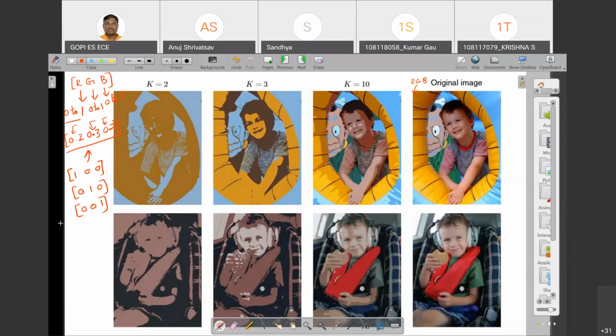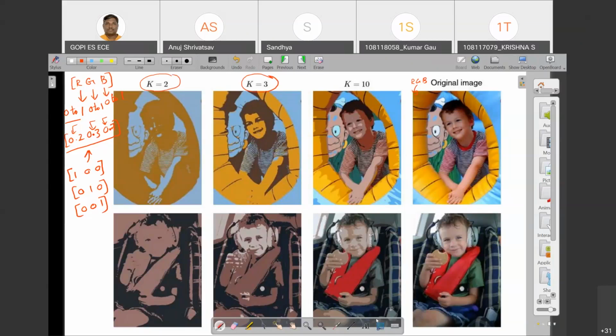Now what you are going to do is apply the k-means algorithm. You are going to cluster these vectors depending upon the number of clusters. For example, 2 clusters, and here we have 3 clusters.